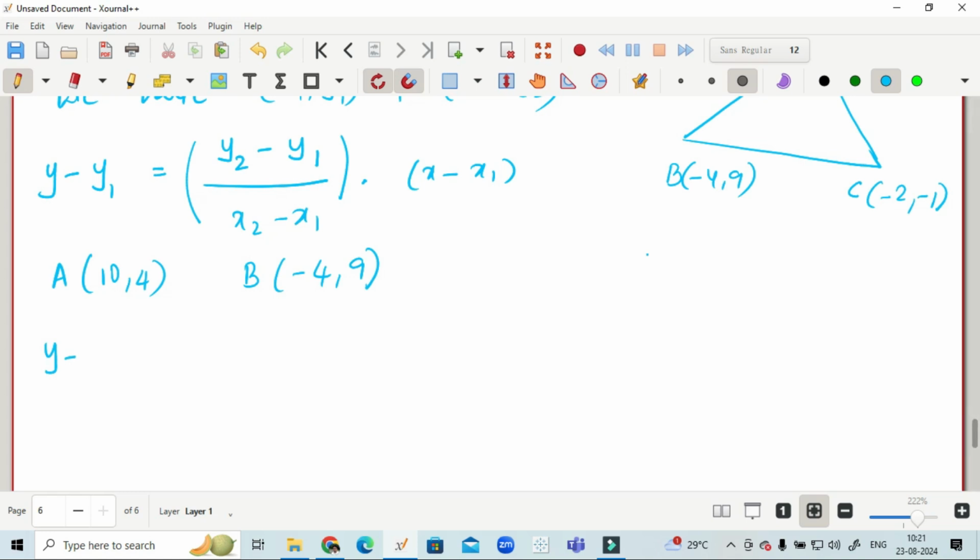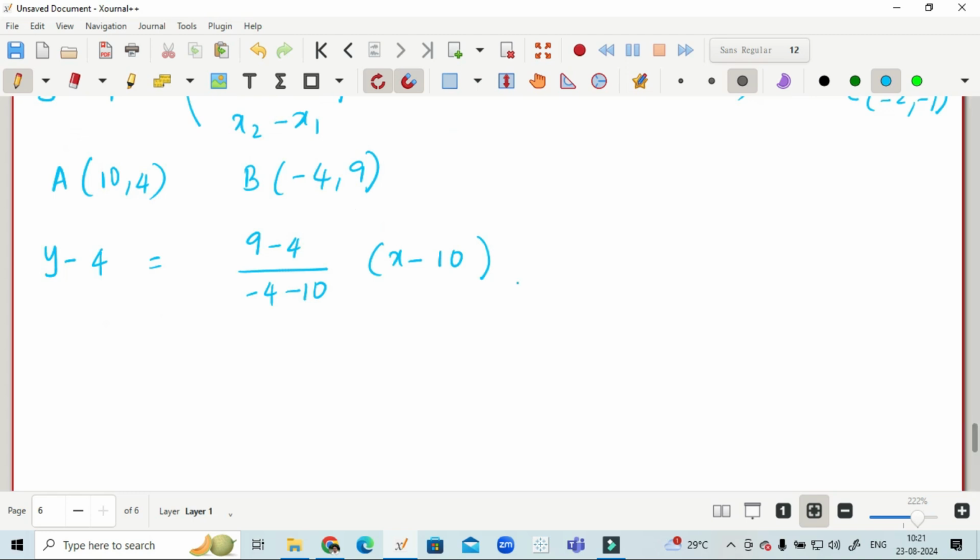y minus y1, that is 4, equals (y2 minus y1) by (x2 minus x1) into (x minus x1). Let's simplify this one. y minus 4 equals 5 by -14 into (x minus 10).